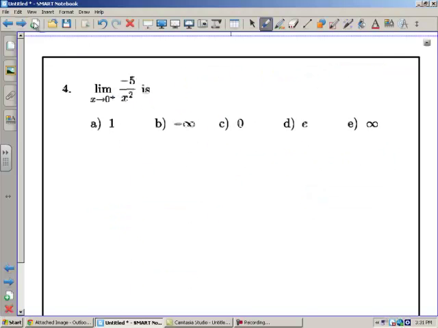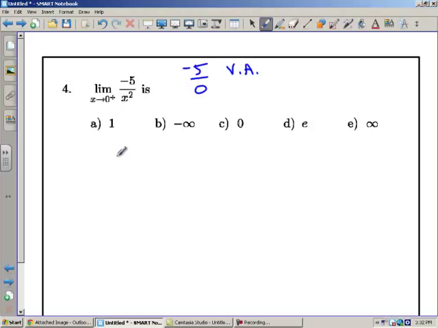Let's see another example. If I plug in 0 to x squared, I get negative 5 over 0, and, hey, looky there, we're dealing with a vertical asymptote. So as we approach 0, this graph is either going straight up or straight down. What we need to figure out is whether it's going straight down or straight up. So what we do is we pick a number really close to 0, and in this example, it's from the right.